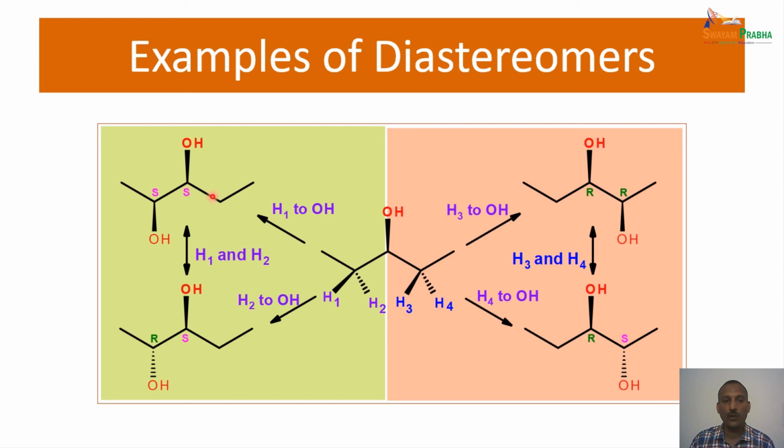In the case of enantiomers, this S and S becoming R and R, these two are called the enantiomers. But these two, the first one of the carbon having the stereogenic center S, S, in the other one it becomes S and R. These two are called diastereomers. The same way here R, R becomes R, S isomers. So these two are also called diastereomers.